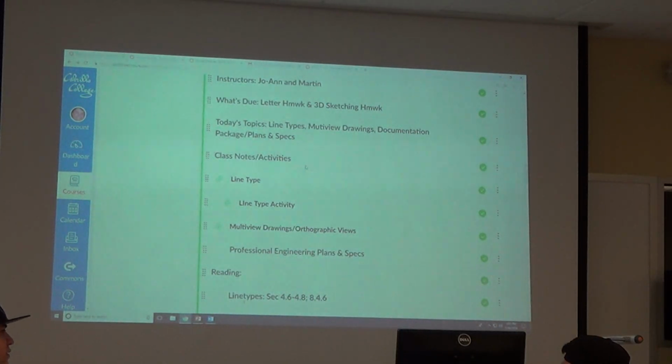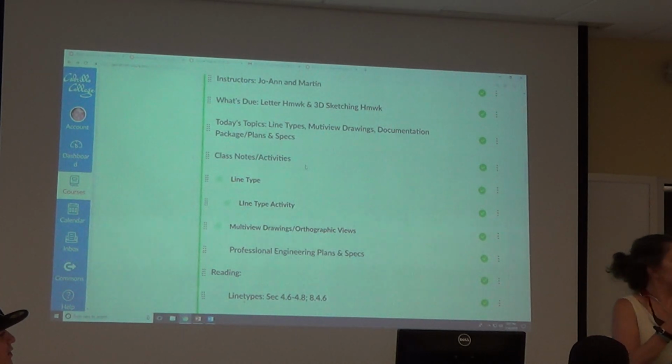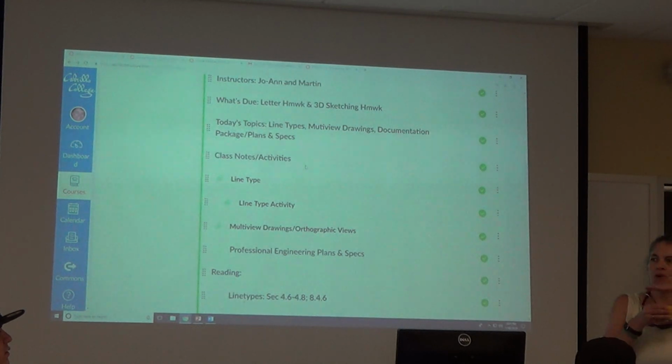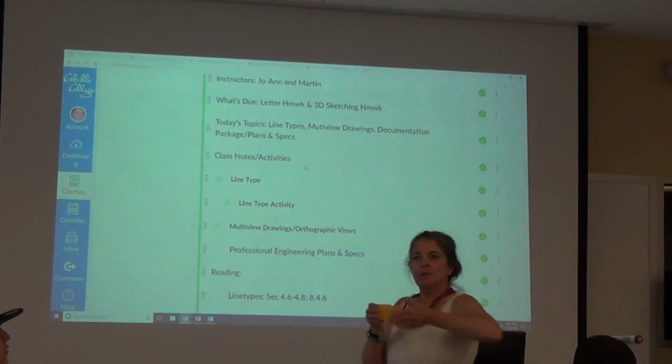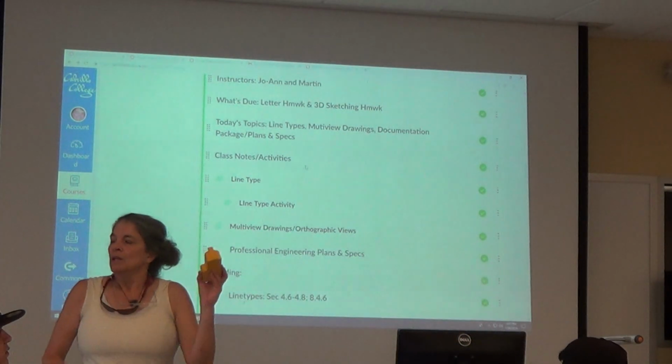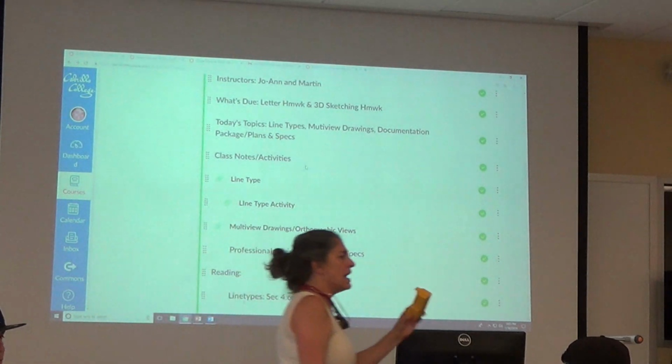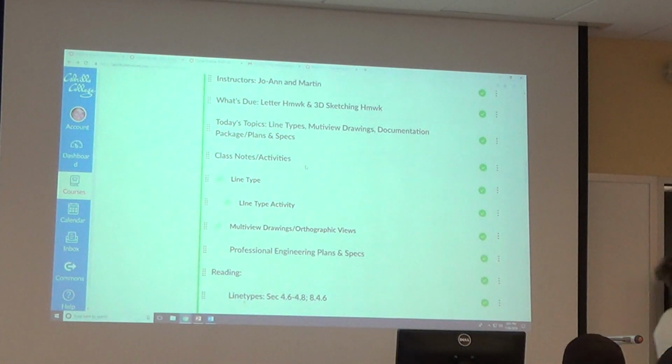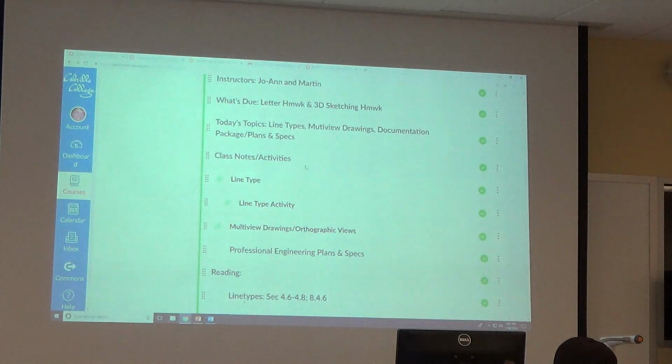How many planes? 3 planes. There's the front plane, the horizontal plane, and the profile plane. Look at your part and pick the side that looks most complex, the one that has the most information going on, and make that your front.